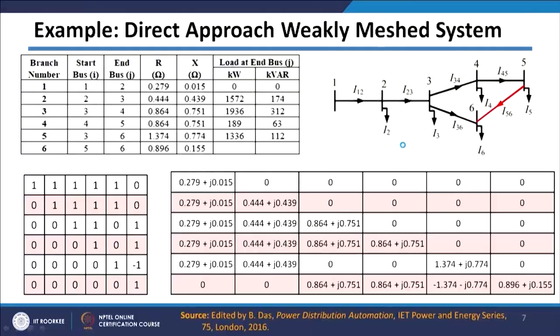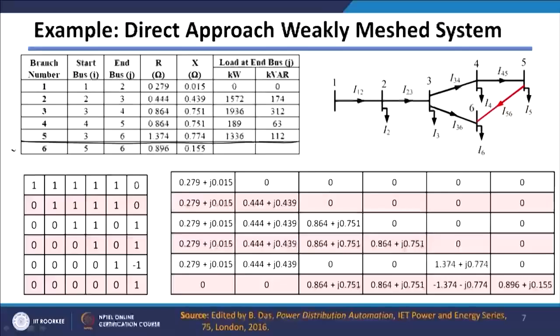Let us take one example which illustrates this process. We have already seen it, I will just show you how we process it here. As I told you, in the same example, we had used data till this point.